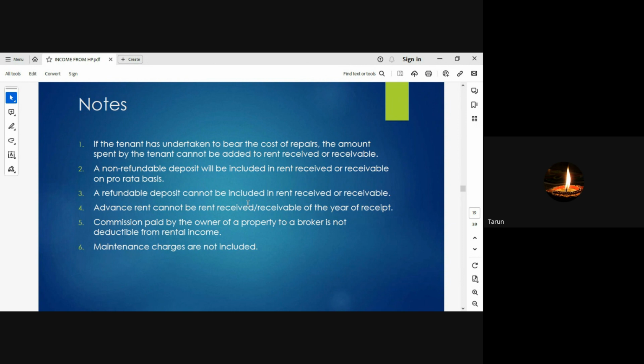Maintenance charges are not included in the rent received or receivable. So you just need to know whether these particular items will be included in the rent received or receivable or not.